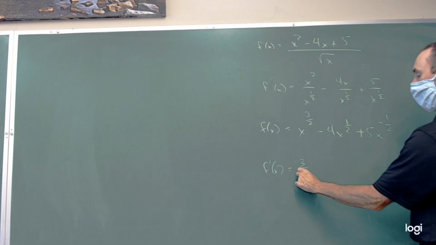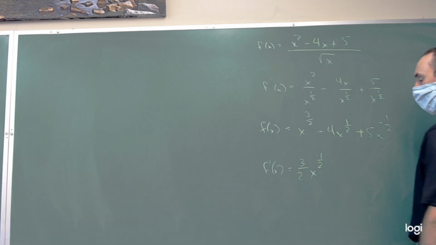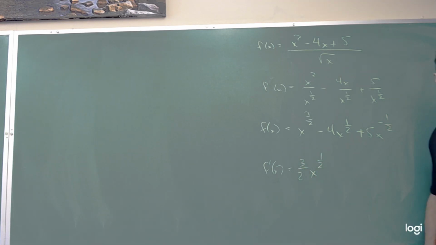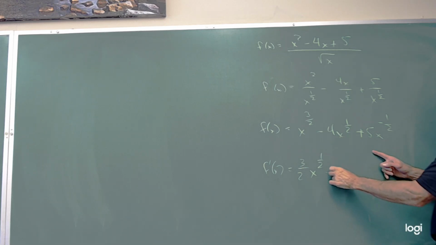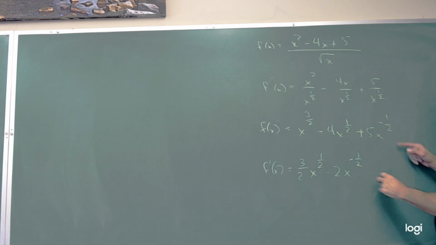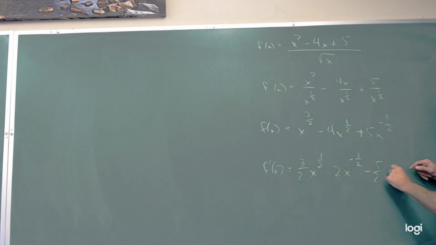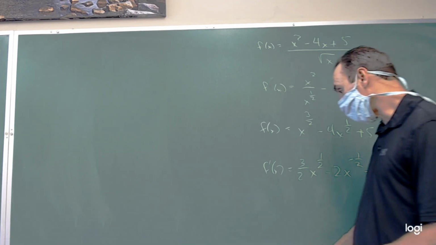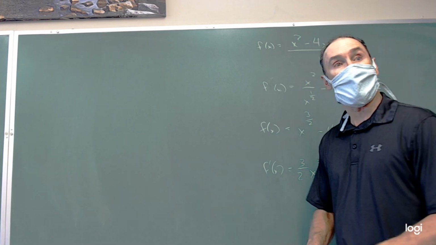So we'll be using a power rule, 3/2 x to the 1/2, and minus 2x to the negative 1/2, and minus 5/2 x to the negative 3/2. We in agreement? You okay with that? Okay, you guys looking out for Evan, or just letting him twist on his own there?